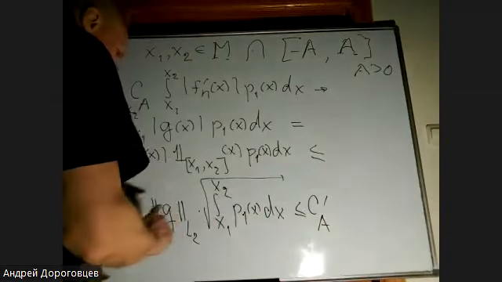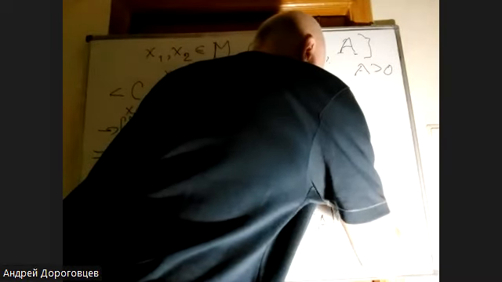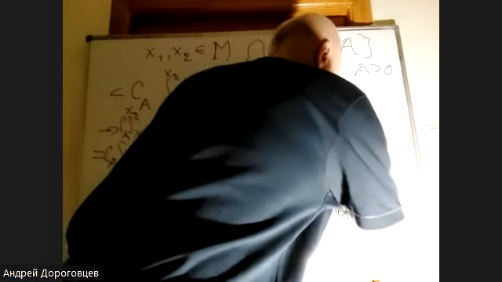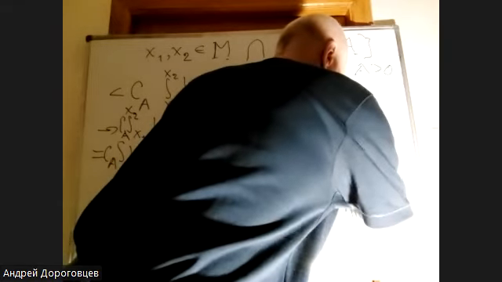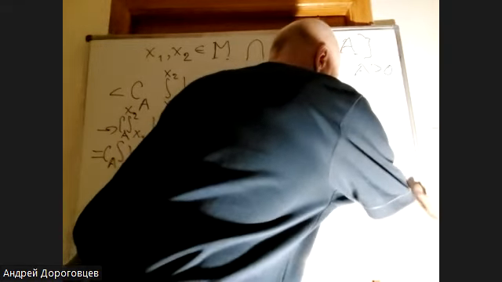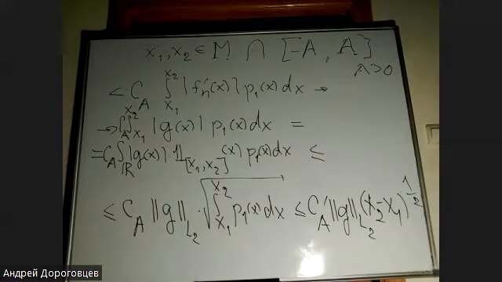and here is the norm of J, and finally (x2 minus x1) to the power 1/2. It means that on the set M, our function f is Hölder continuous.